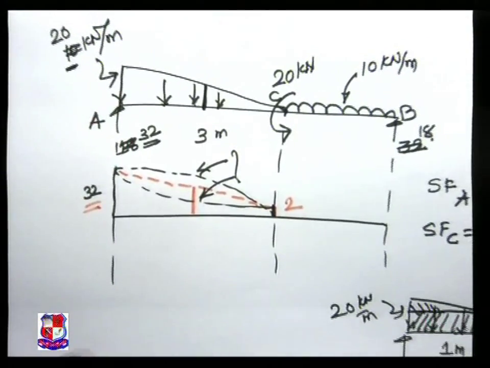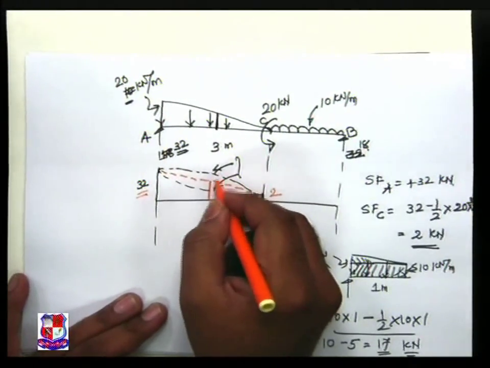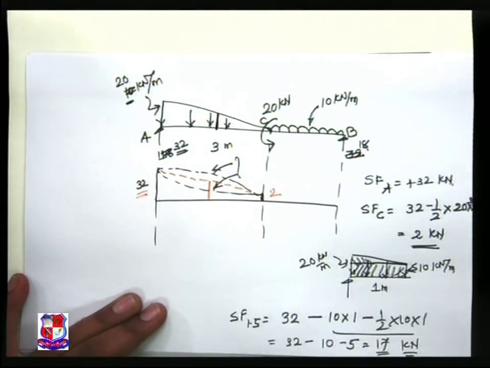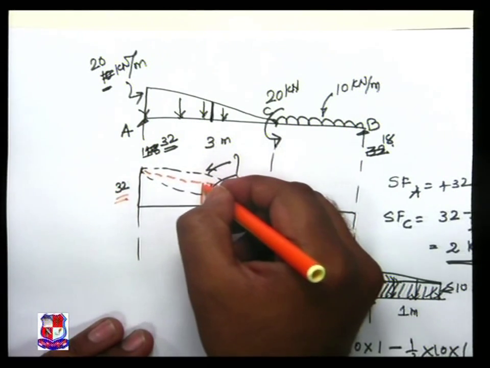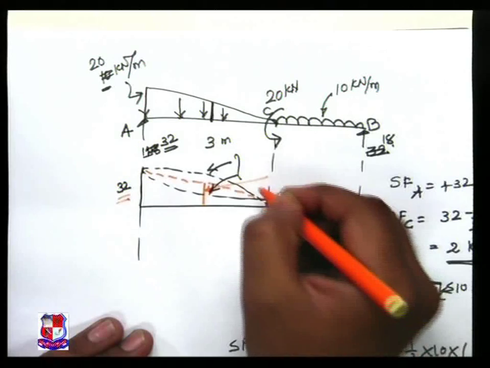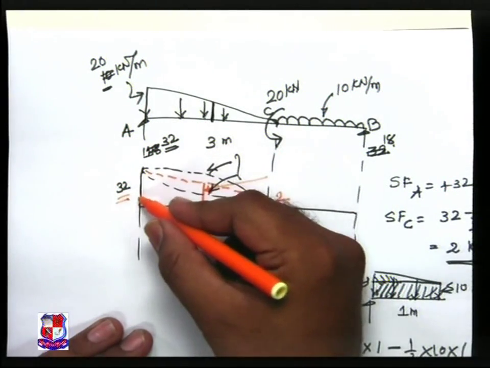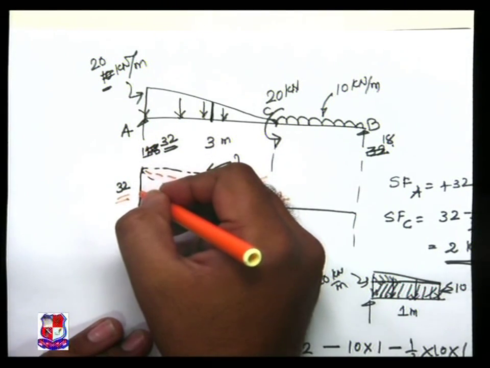So if we go for this central ordinate, then this ordinate must be how much? 32 is there, 2 is there, difference is of 30.